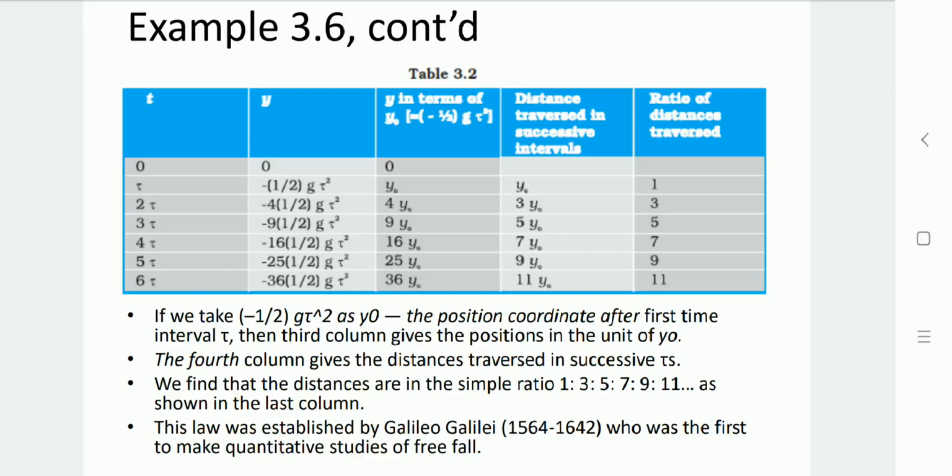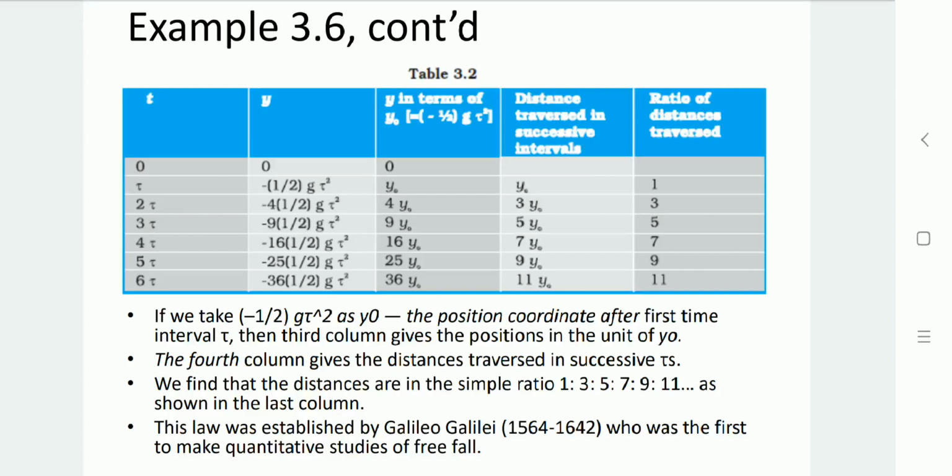Now let us replace t equal to 4 tau. That is, y becomes minus 16 times 1/2 g tau square, that is 16y0. Let us take the difference from the above position, 16y0 minus 9y0. It would be 7y0. So the ratio from the initial position would be 7.